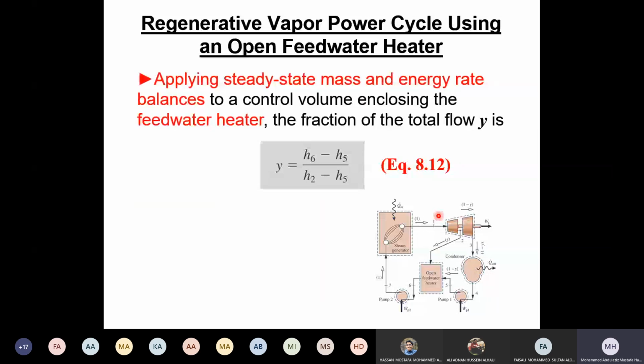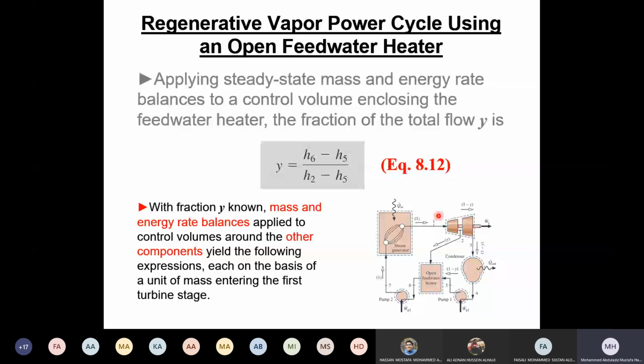All right. Okay. Now let us first consider how to get the value for y. How do we get this here? We make the analysis for this here. So I say that y multiplied by h2 plus 1 minus y multiplied by h5 will give us 1 multiplied by h6.